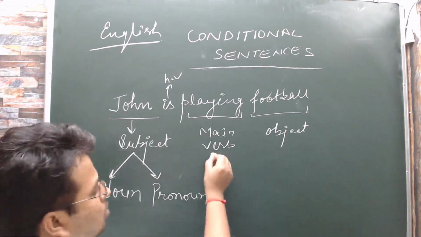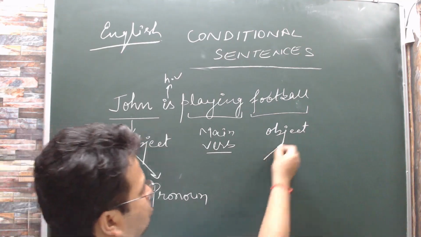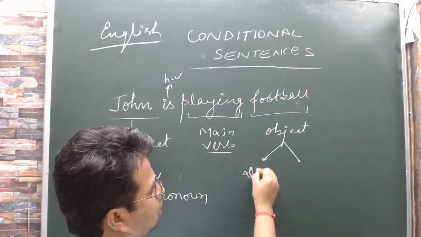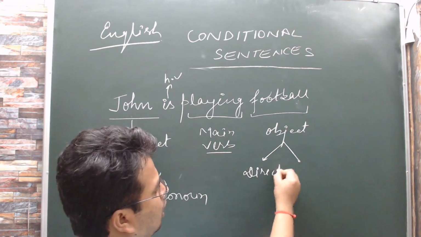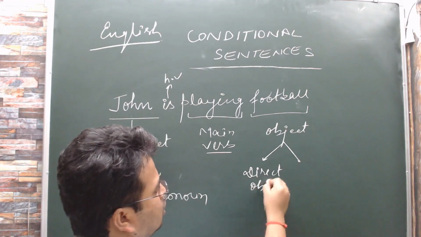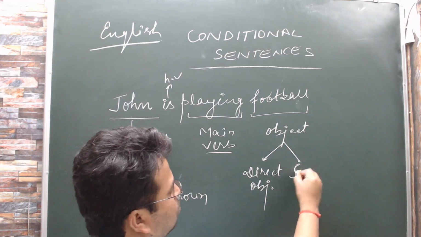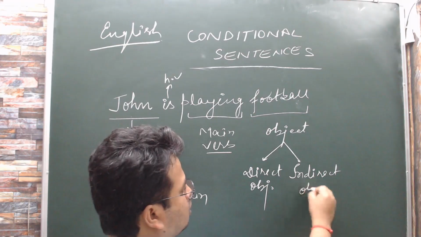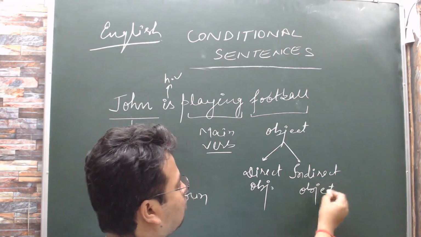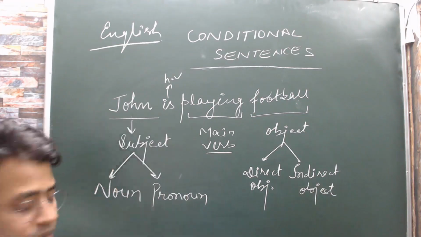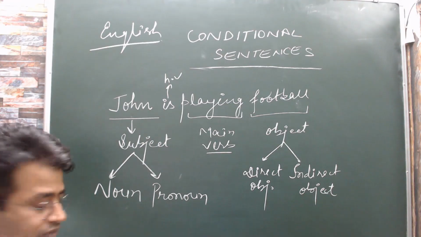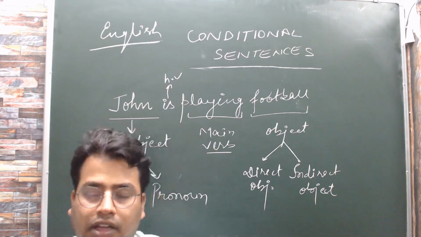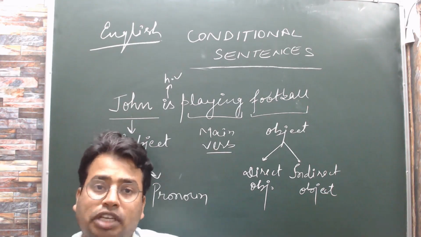Got it? Similarly, this is the verb and this is the object. An object can be a direct object or an indirect object. So in these sentences we need to know which is the main subject, and which is the singular subject, plural subject.